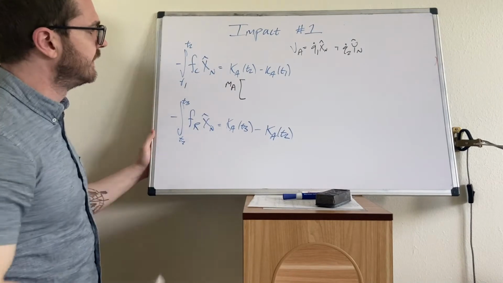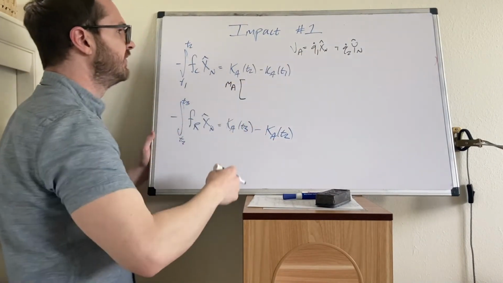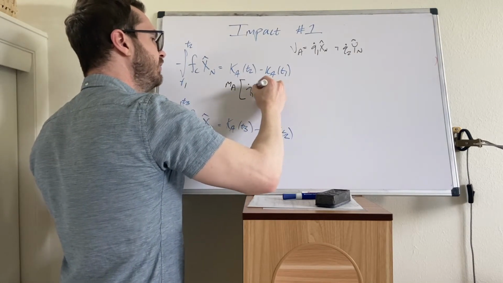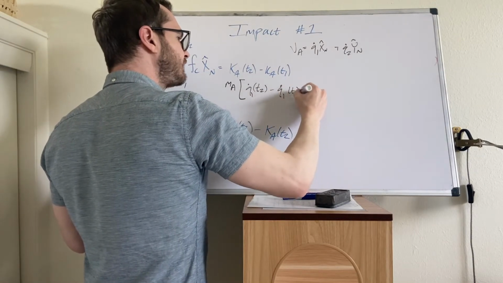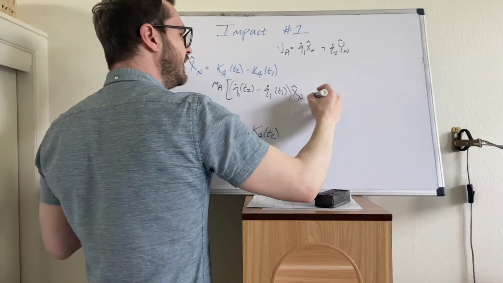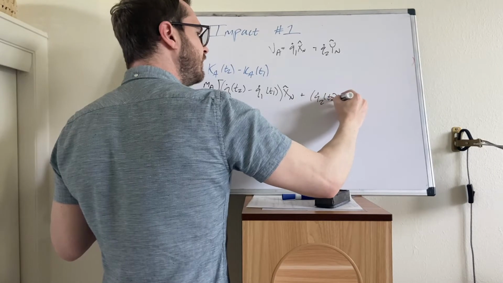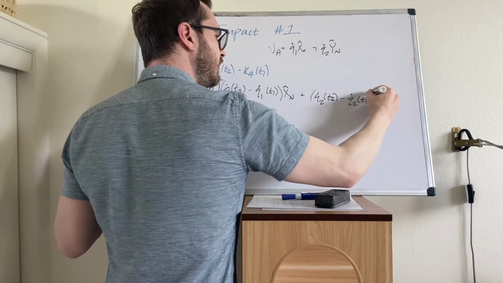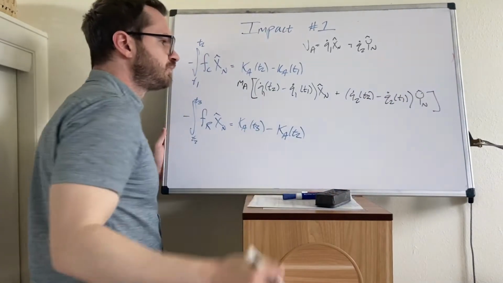So we're now just saying it's this definition at these two moments in time. So this is q1 dot at time 2 minus q1 dot at time 1, and those are in the xn direction. And then we have the other two, q2 dot time 2, q2 dot time 1, and that's in the y hat n. There we are.